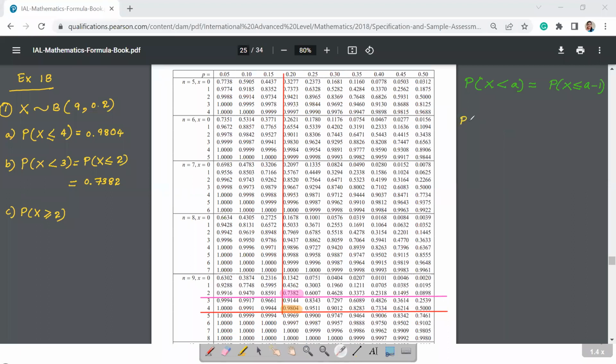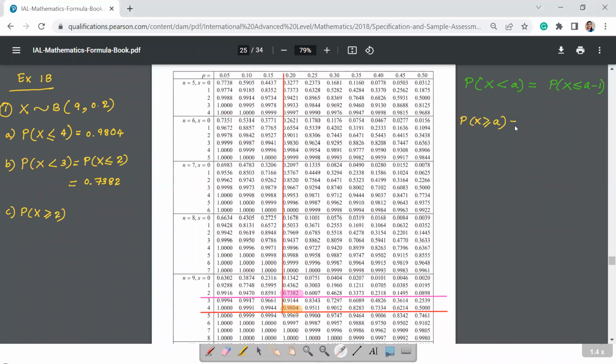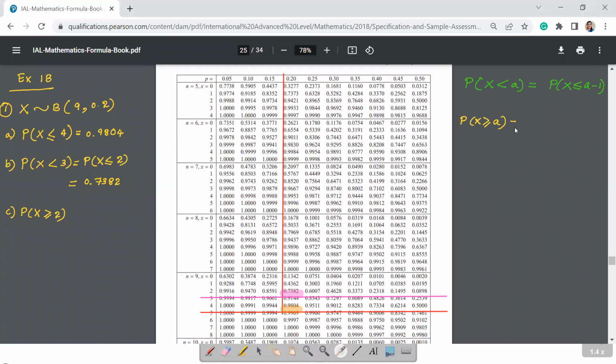Probability x is greater than or equal to a is equal to 1 minus probability x is less than or equal to a minus 1. Okay, is this clear?